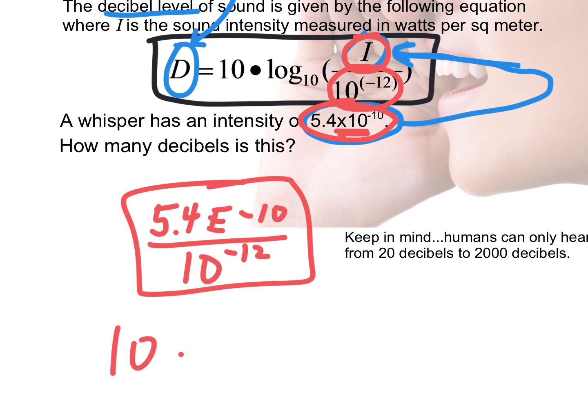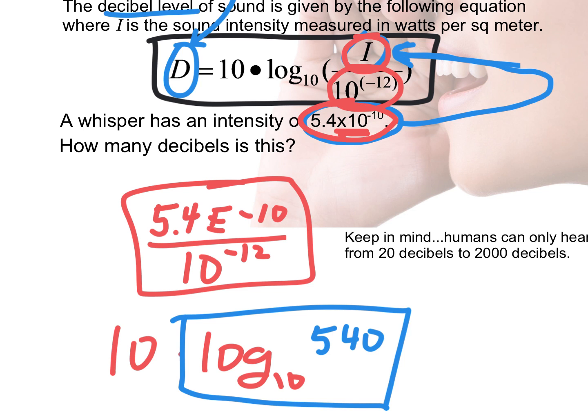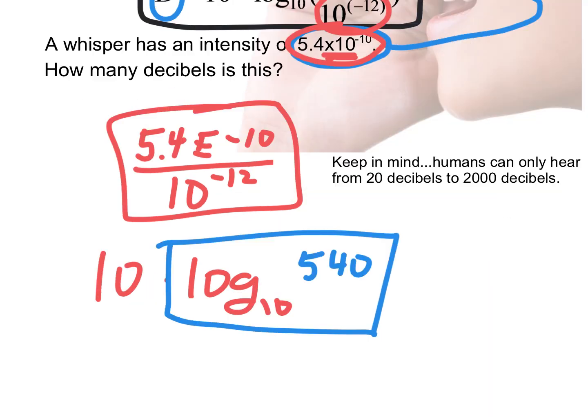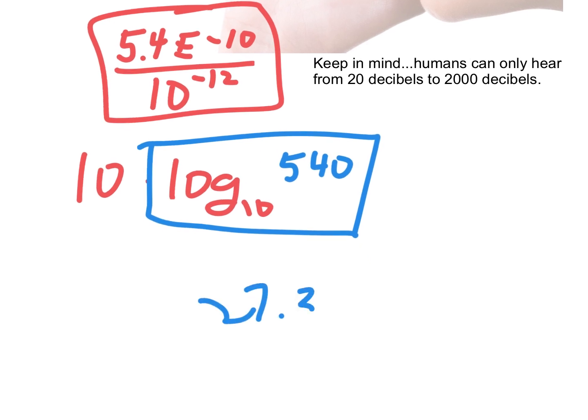Now I've got 10 times log base 10, which is really just regular log, of 540. So I'm going to do log of 540, and then I'm going to times it by 10. I got 27.32.